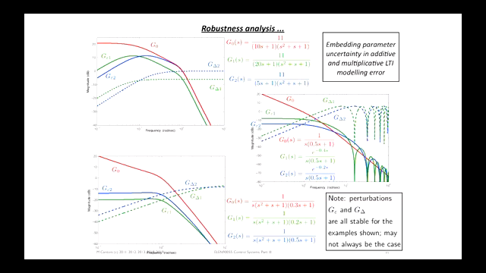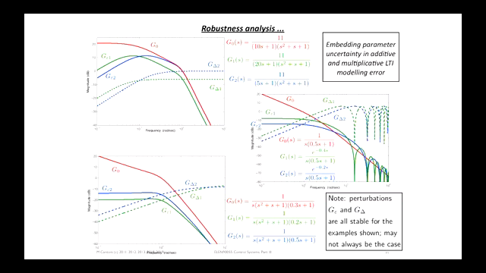Let's look at this example, where the parameter uncertainty is in the delay. Here's no delay. Let's say we use a nominal model with no delay. Here we've got a delay of 0.4, and here we've got a delay of 0.2. So this is what our nominal model's magnitude plot looks like.